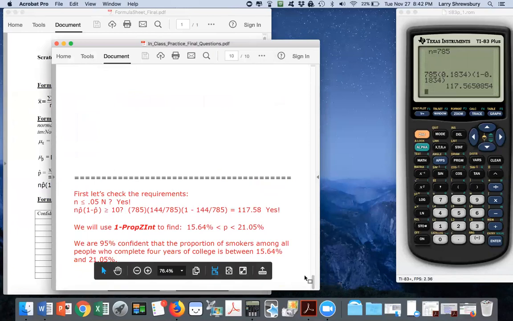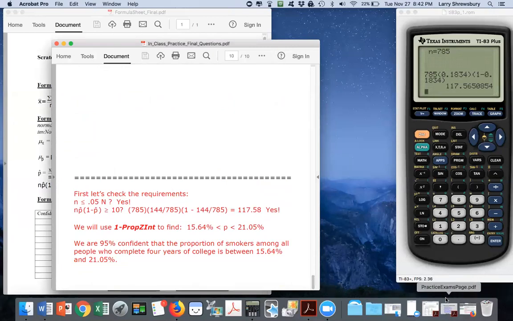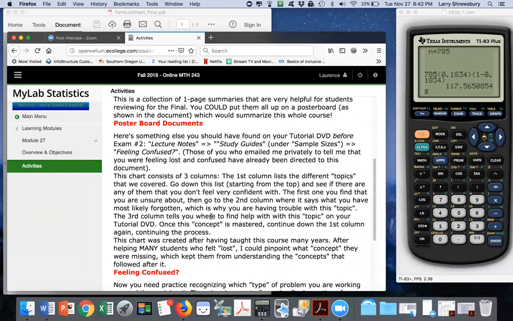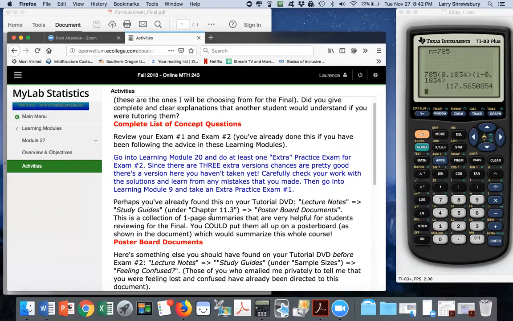Okay? So definitely make sure you use that last learning module, which reminds you of the resources you have, like those practice exams, especially exam one. You haven't looked at exam one for so long. Why don't you do some of those extra practice exams, going back to those earlier learning modules, and learn from any mistakes that you made on your first exam, and then do the same thing with your second midterm.